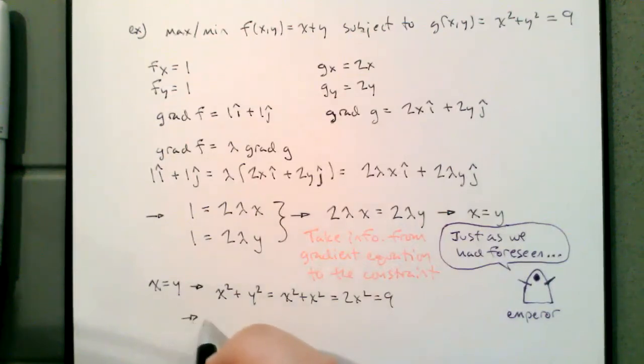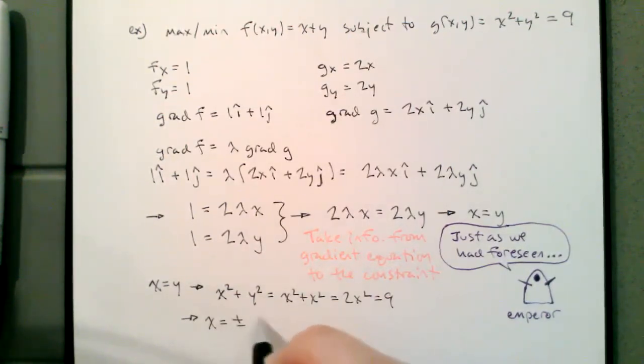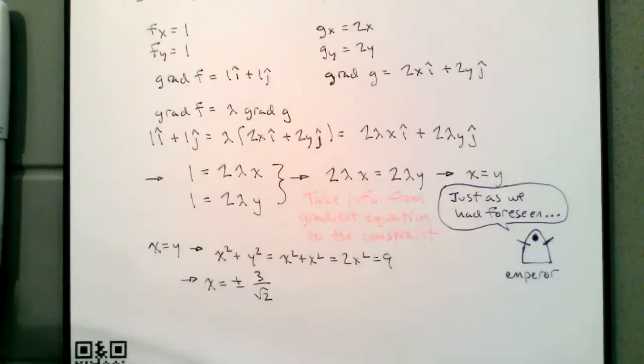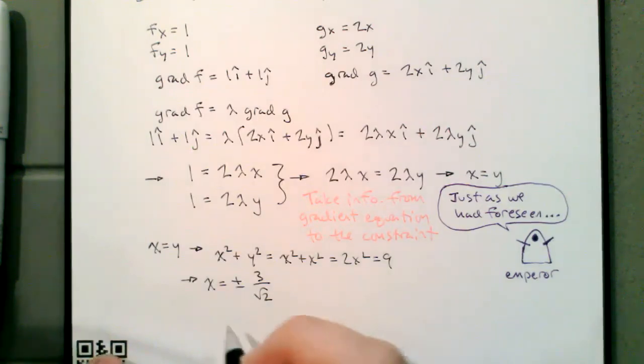So here's where we can get that x is plus or minus 3 over the square root of 2. And then when x is 3 over the square root of 2, y is 3 over the square root of 2.